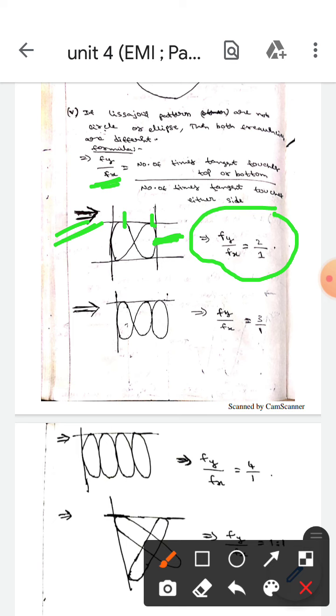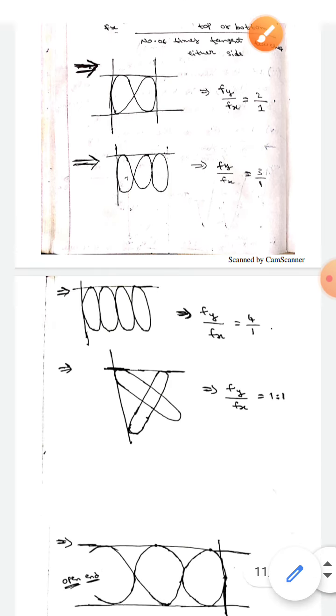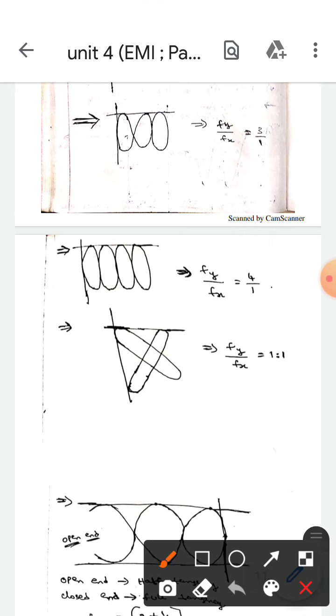In this second diagram, the tangent touches on the top 3 times, whereas on the side the tangent touches 1 time, so Fy by Fx equals 3 by 1. In this diagram, the tangent touches at the top 4 times, whereas on the side the tangent touches 1 time, so Fy by Fx equals 4 by 1.